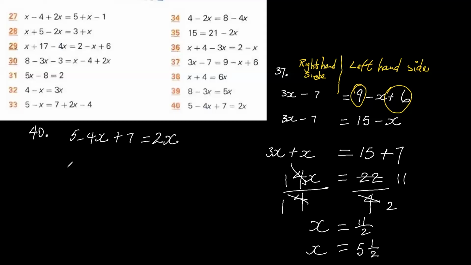Gabriel, tell them, is there anything I could simplify on the left-hand side? You could 4x plus 2x equal to 5 plus... Why 2? Why am I subtracting the 5 and the 7?